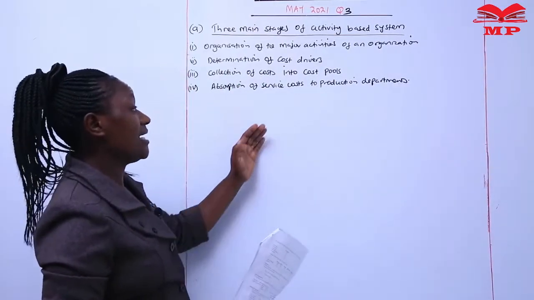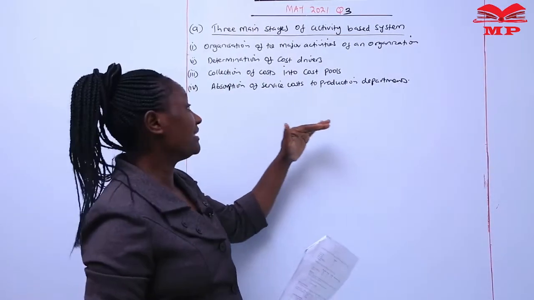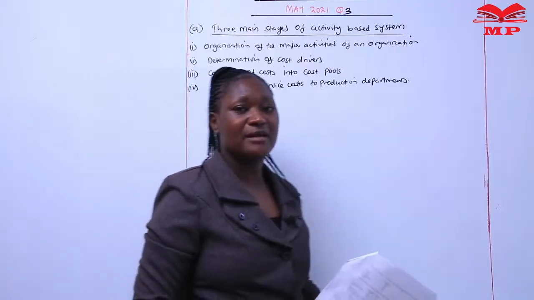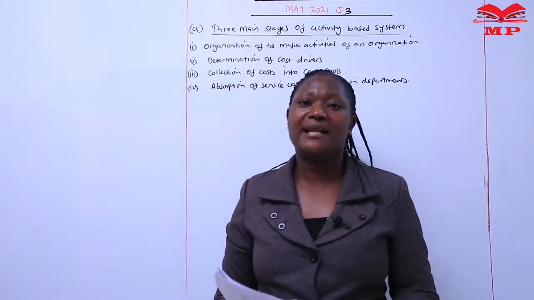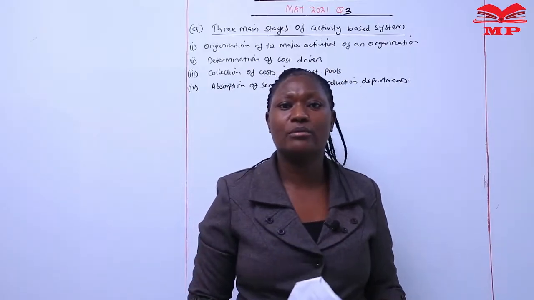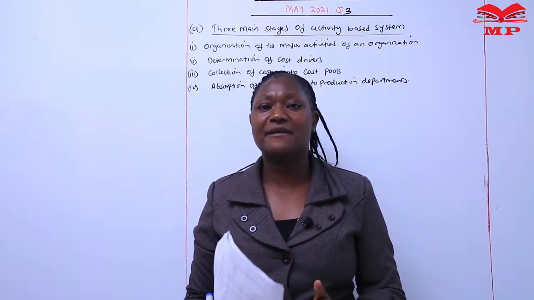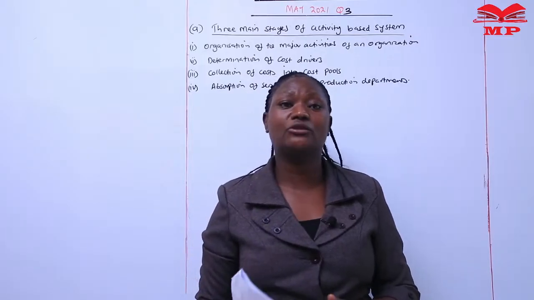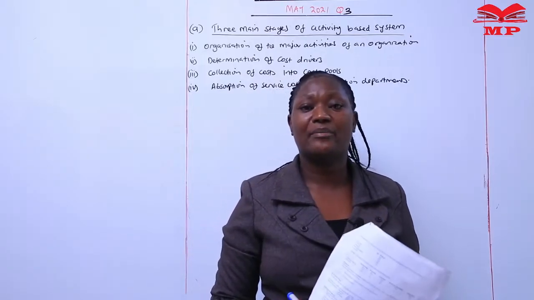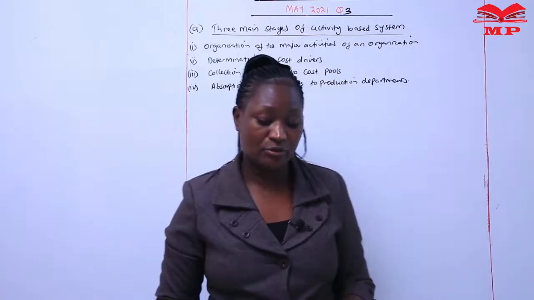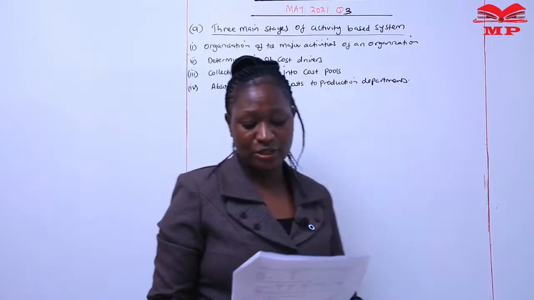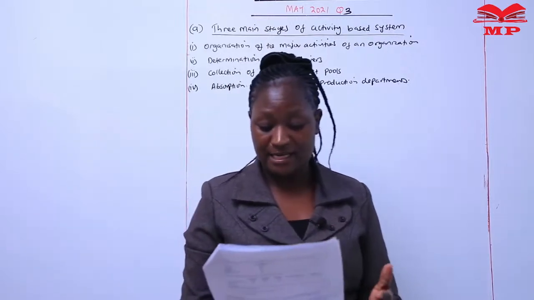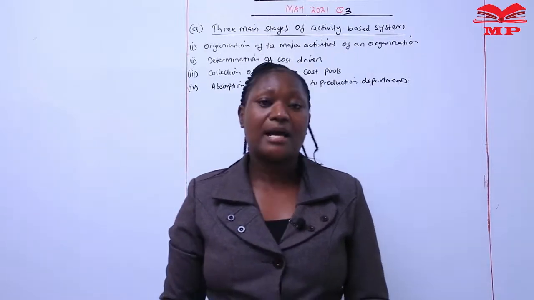We refer to that as a cost pool, which is our stage number 3. And once we've determined the cost drivers and cost pools, the last stage is to absorb the service cost. We transfer all the service cost into the production departments. And those are the 3 stages or the 4 stages of activity. So the question only required 3. I've added you one more.